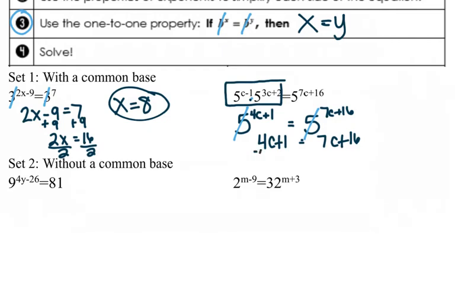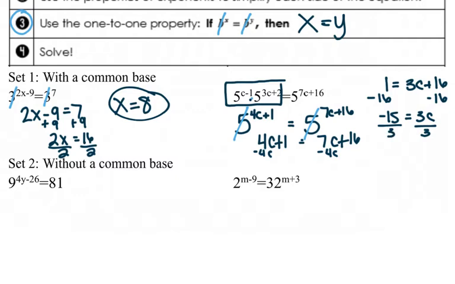I'm going to move the 4c over by subtracting. So I have 1 equals 3c plus 16. I'm going to get rid of the plus 16 by subtracting, and then I'm going to get rid of the multiplying by 3 by dividing by 3. So I get that c equals negative 5.